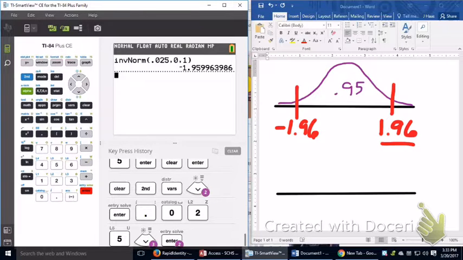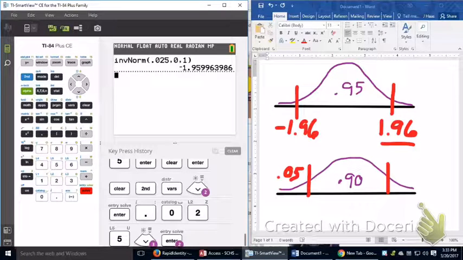The next one wants 90% of my distribution, so I'm going to sketch a normal curve again, and this time I'm looking for the middle 90%. If 90% is in the middle, there's going to be 10% on both ends put together, so that's 0.05 for each end.